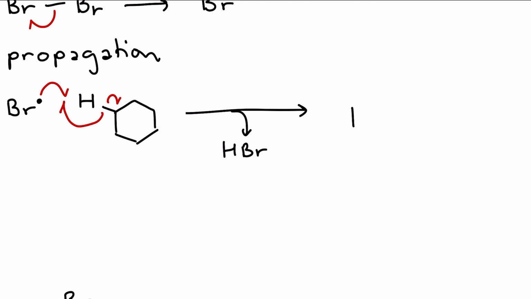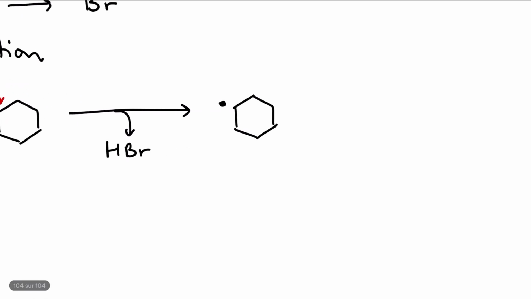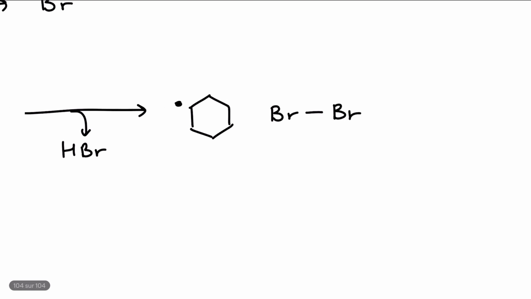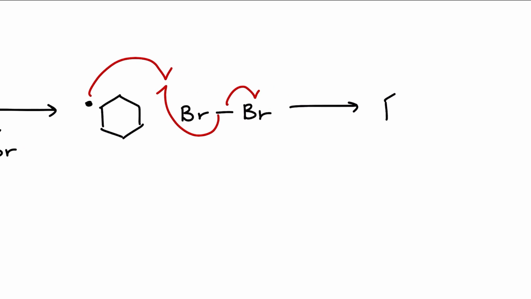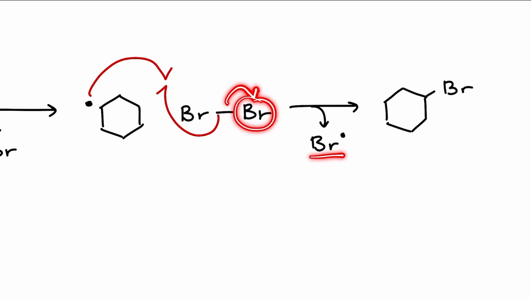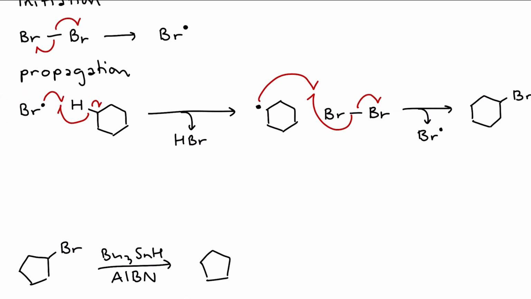Then it's going to come in contact with another bromine molecule and grab one of the bromines to get your final product. And you also get another bromine radical in the process, which is recycled for another propagation step.